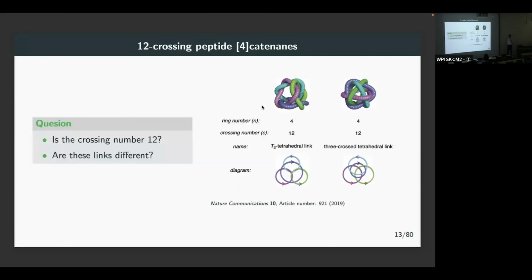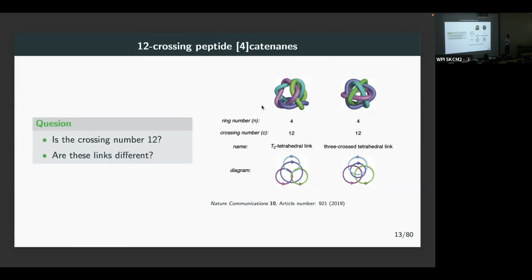At the start of the collaboration, they asked me these questions. They made a very interesting supermolecule, and this is the topology of the supermolecule. They think that those topologies look different, but they don't know how to show that they are actually different.